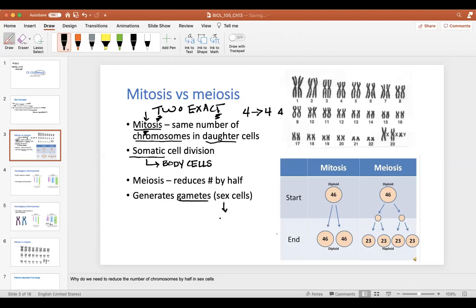So if we're talking about humans, what we mean by that are egg and sperm cells, right? And if we wanted to get really, really specific, we would talk about oocytes. Those are egg cells. And we would talk about spermatocytes.